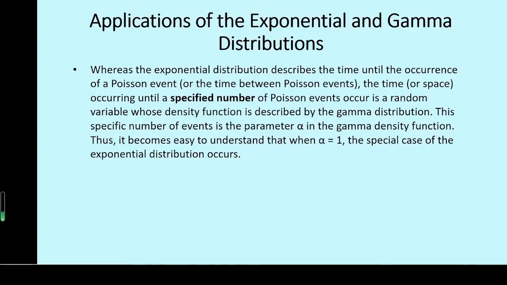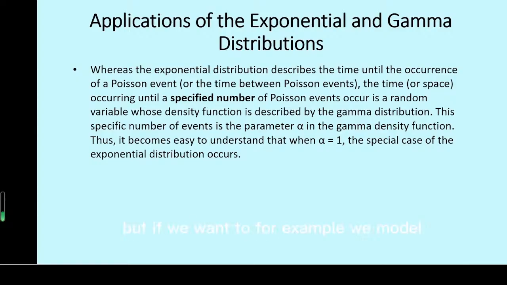alpha is 1. In a gamma distribution, alpha models a specified number of Poisson events. So if we only model one Poisson event occurring, the random variable time interval is exponentially distributed.